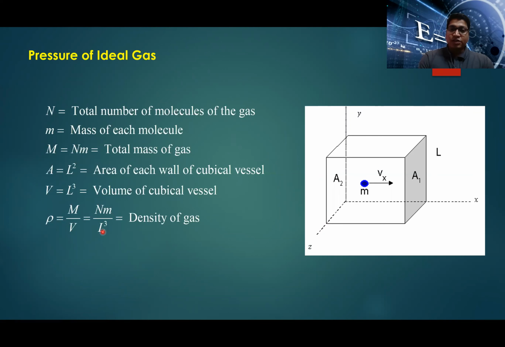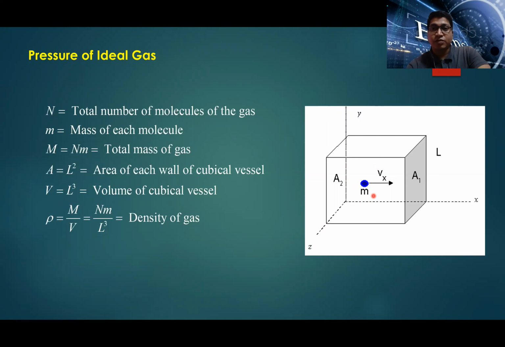Now class, as we have said that there are n molecules, they are randomly moving in this cubical box in all possible directions with all possible speeds. But in our case, we are deriving the expression for the pressure.